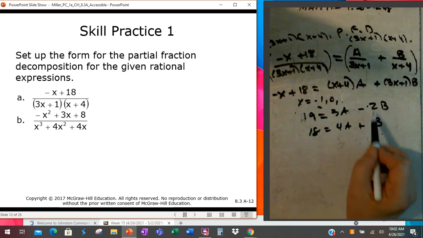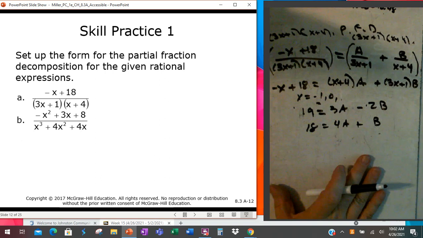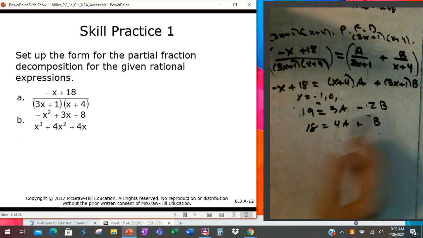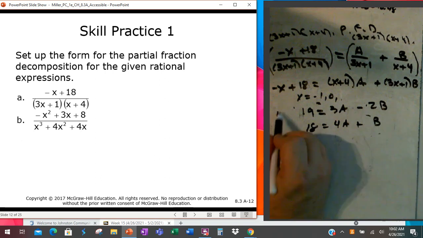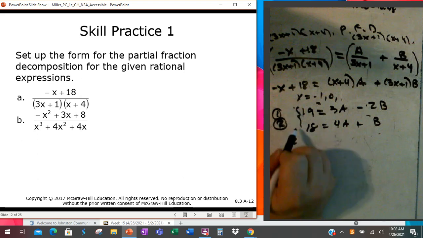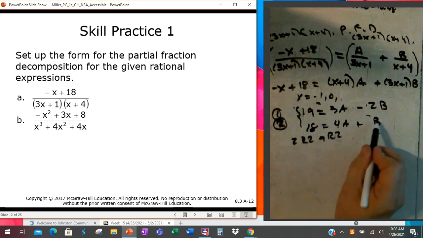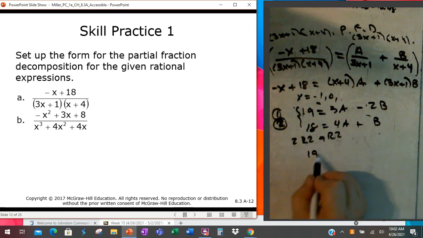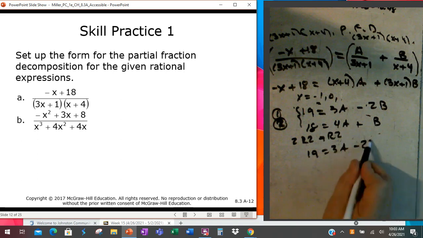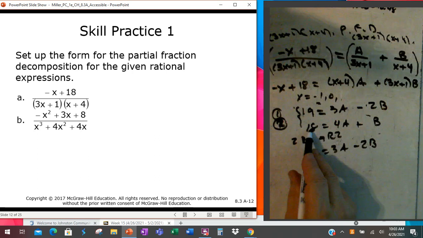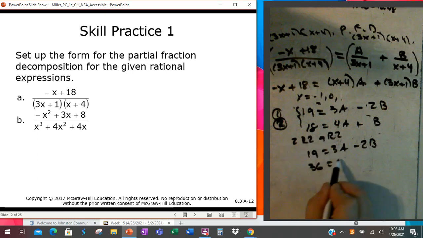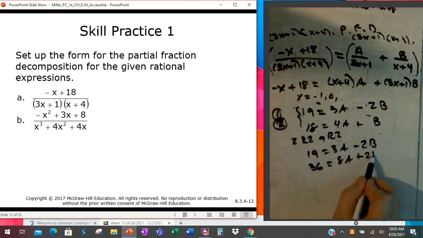And now I see this factor 2, so I'm going to multiply by 2. This is row 1, row 2. Here's my 2. This is my system. 2 times row 2 is my new row 2. So 19 is equal to 3A minus 2B. That's the same. And then this is times 2. 2 times 18, 36 is equal to 8A plus 2B. 2 on both sides.